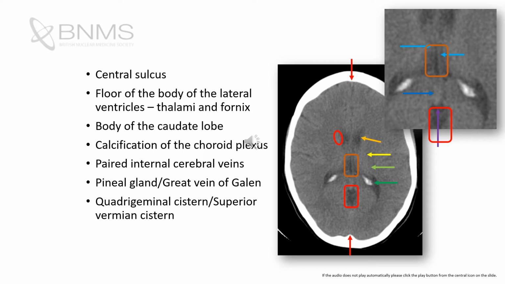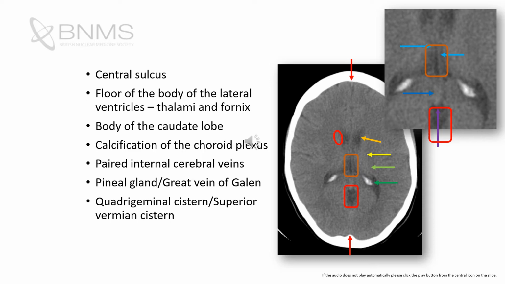The orange arrow indicates the low attenuation of the CSF within the anterior aspect of the body of the lateral ventricle. The yellow arrow indicates the fornix, and the pale green arrow indicates the superior aspect of the thalamus, and these form part of the floor of the body of the lateral ventricle.